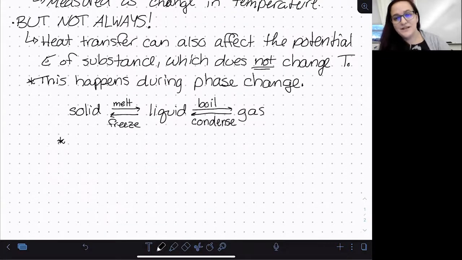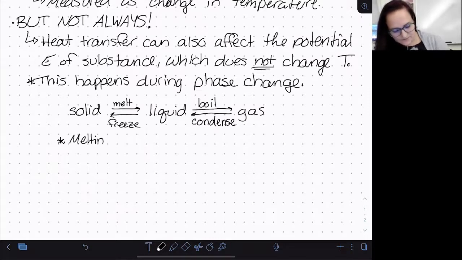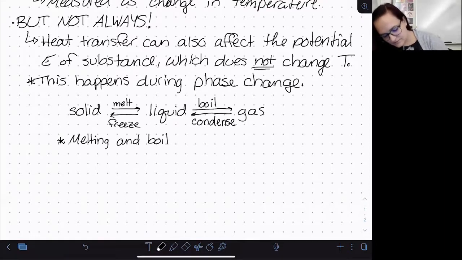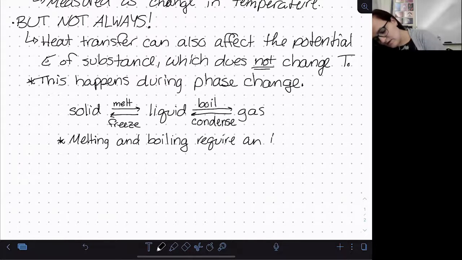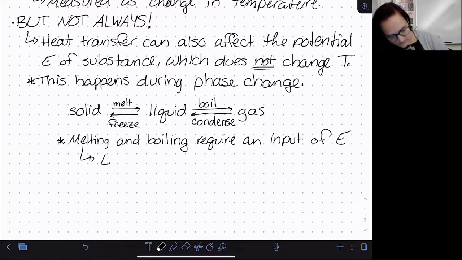You have to put energy in in order for those processes to happen. So delta H for these is positive.